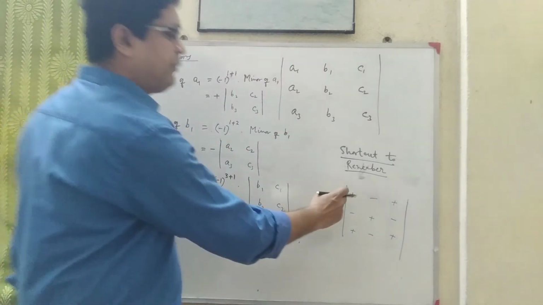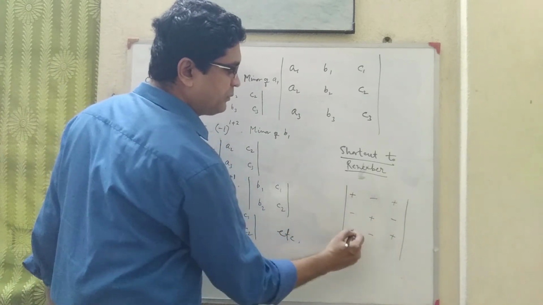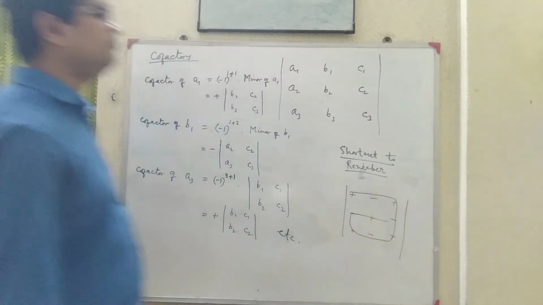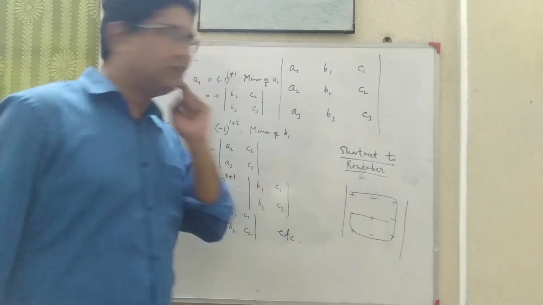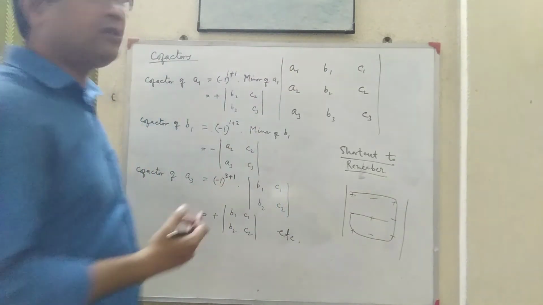Alternately you have to go in a chain, that is plus, minus, plus, minus, plus, minus, plus, minus, plus, like this. In a chain you have to go alternately, changing plus, minus.